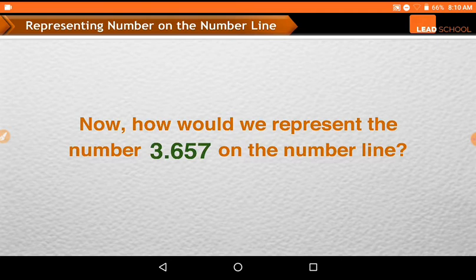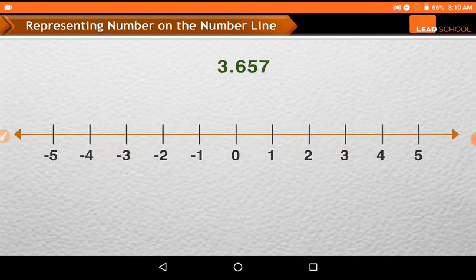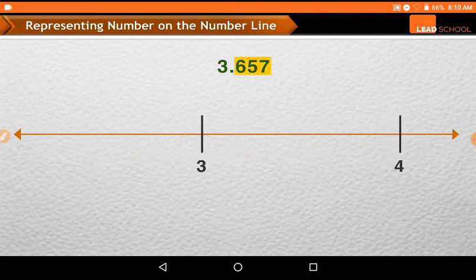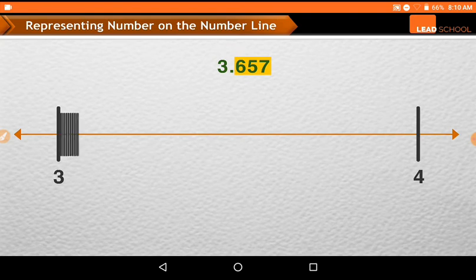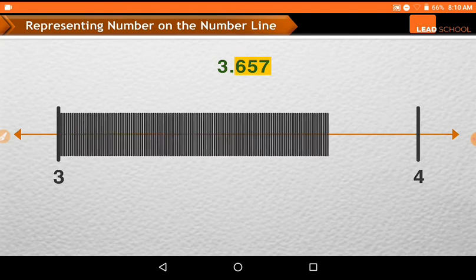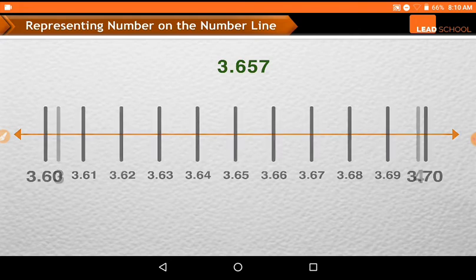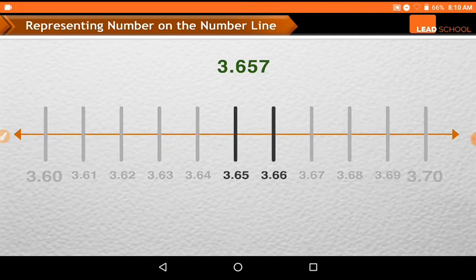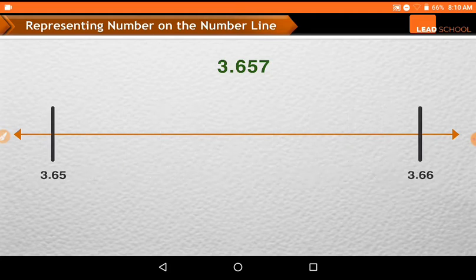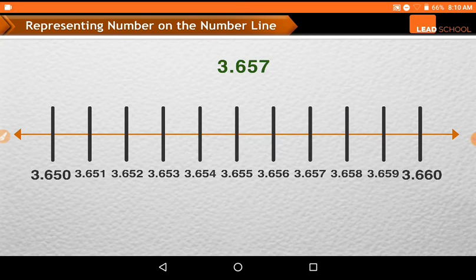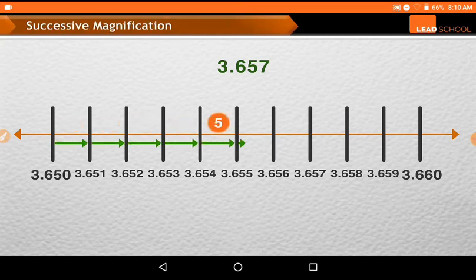3.657 on the number line? Since the number given is up to 3 decimal places, we would need to divide the portion between 3 and 4 into 1000 parts. But we already know that 3.657 lies between 3.65 and 3.66. Hence, we can divide that portion into 10 parts and then count up to 7 places from 3.65 to get 3.657.